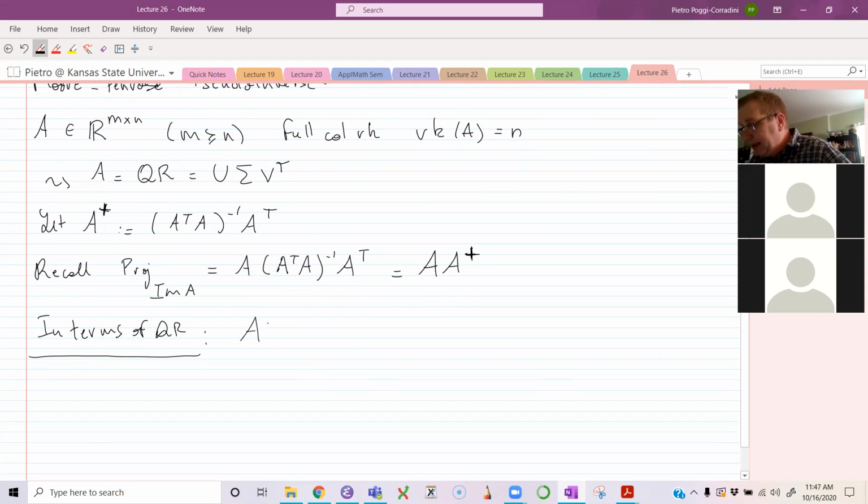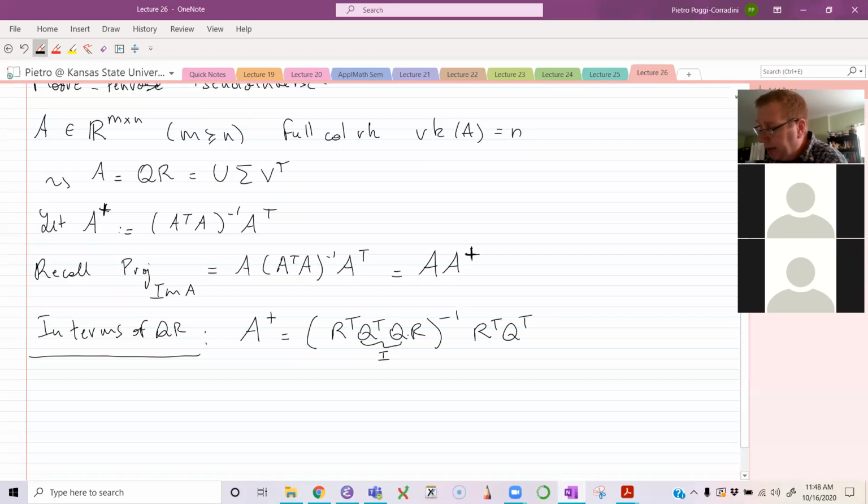A plus, the pseudo-inverse, is what? We need to take R transpose Q transpose QR inverse R transpose Q transpose, right? And then this here is the identity. And then R is invertible, because the diagonal elements are positive. So this all simplifies down to R inverse Q transpose.